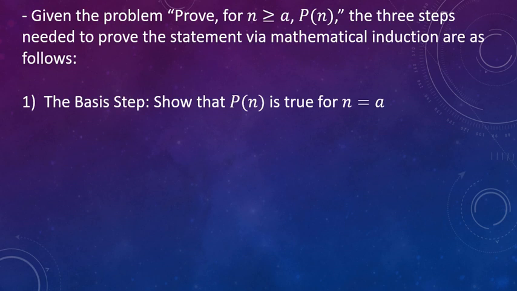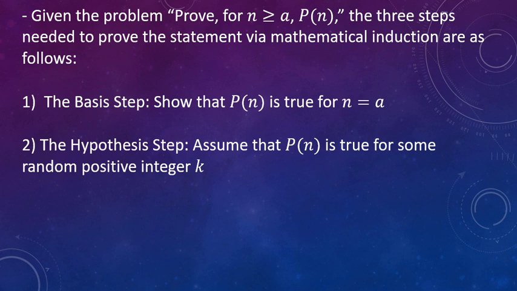The next step is just a simple statement, but you're going to use the second step in our third step of this three-step process. The second step is known as the hypothesis step. And this step is always just a statement.